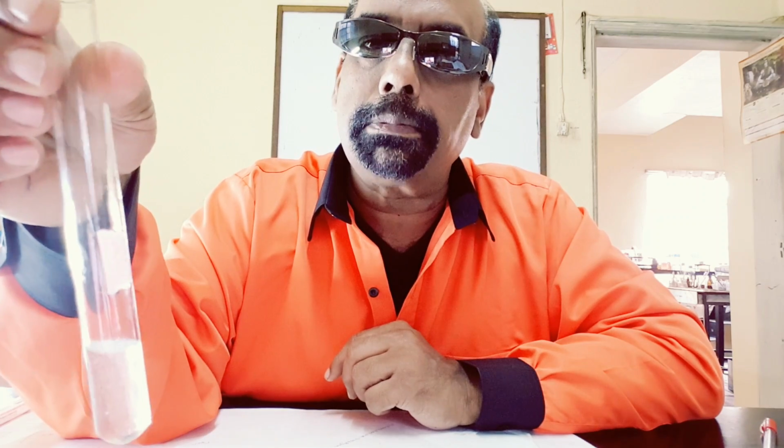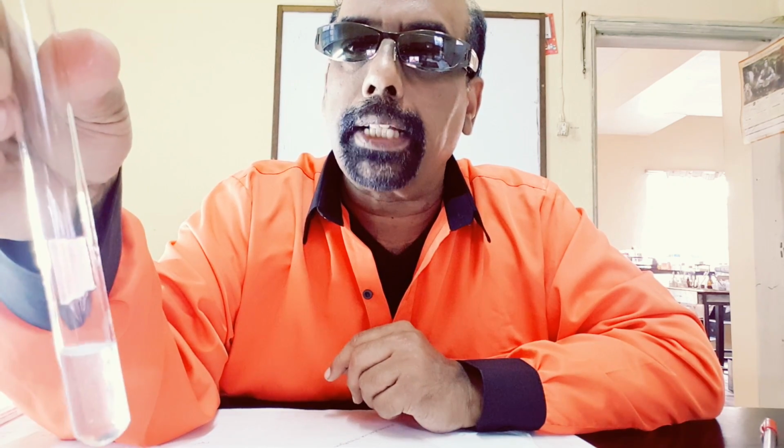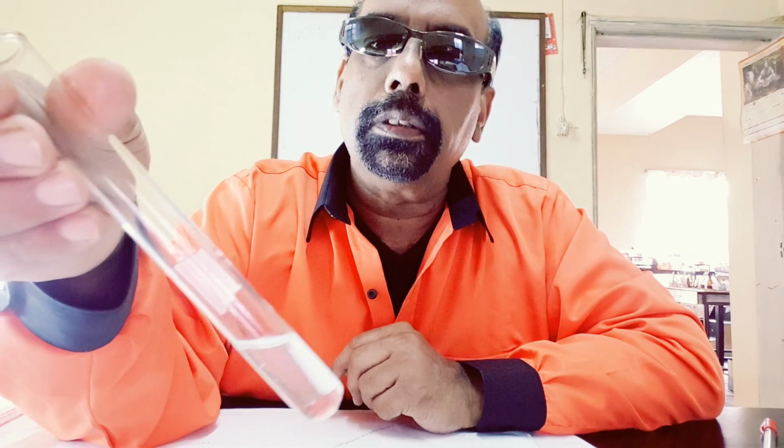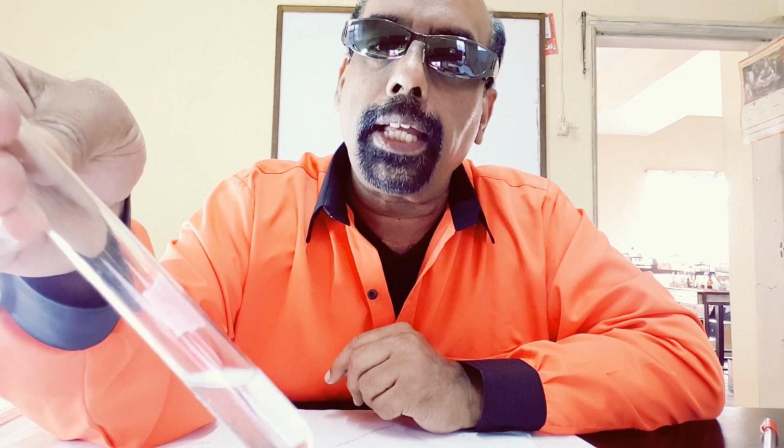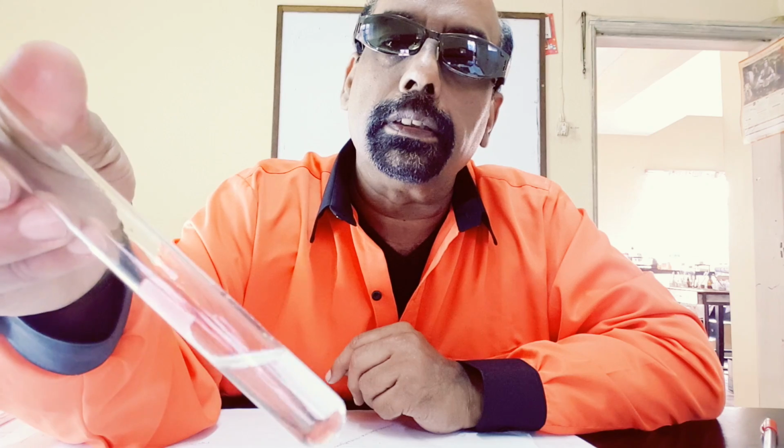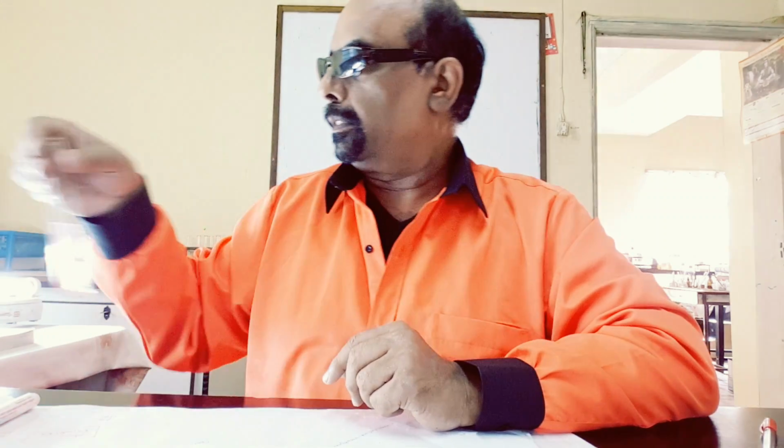It turns red. The dye in the blue litmus paper reacted with the acid. A new dye is formed. The new dye is red in color. So this is the dye, red.